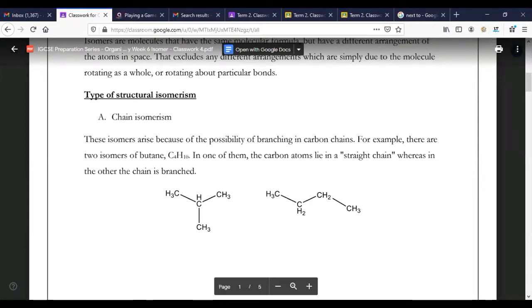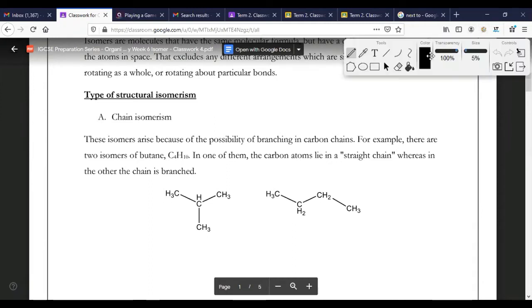You can see here on my screen that the main chain is different. For this, we got 4, and for this, we got 3 only. And the chemical formula is the same, C4H10, and this one also C4H10.